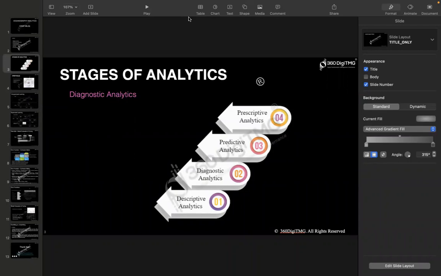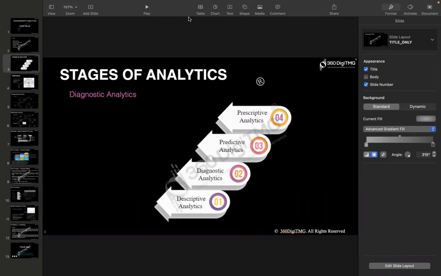So companies can also apply diagnostic analytics, because it is used to identify the origin of business issues and fraud issues, or to find approximate solutions to prevent them from happening in the future.